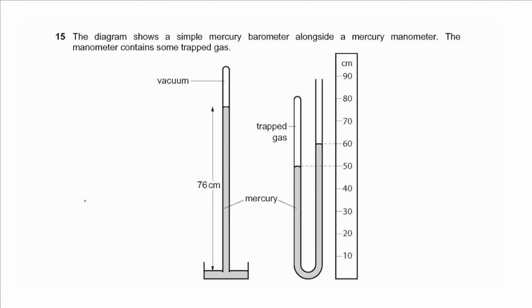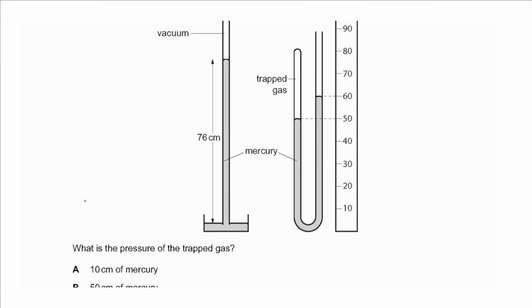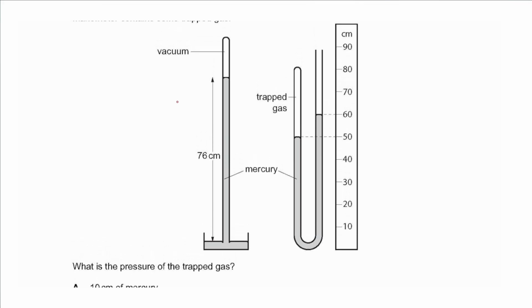Question 15 is about barometers and manometers, so you can skip this question for the new syllabus. It says the diagram shows a simple mercury barometer alongside a mercury manometer. The manometer contains some trapped gas. What is the pressure of the trapped gas? So first we measure the atmospheric pressure from the barometer. It is 76 centimeters of mercury. Then the difference between the atmospheric pressure and the gas pressure is from 60 to 50, that is 10.